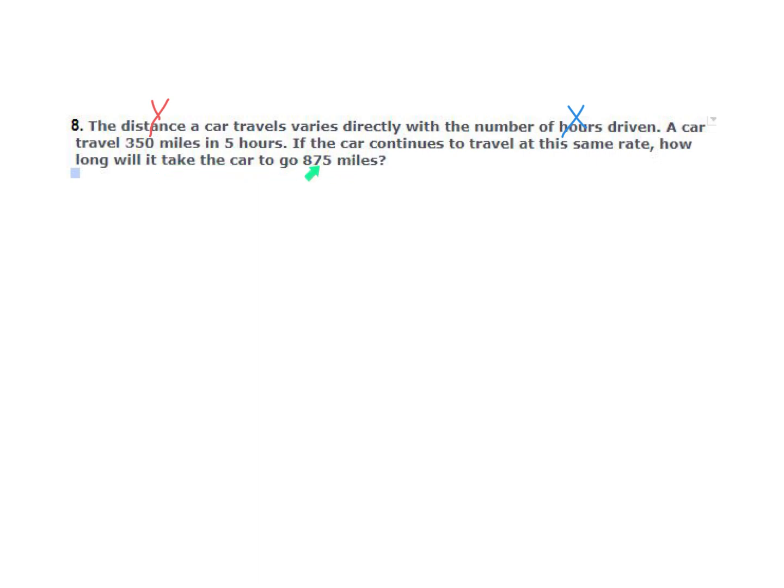There are different ways to figure this out, but what we learned in this class is that when we have direct variation, we have y equals kx. If that is true, then we know that k is equal to y divided by x. Our y is the distance, and our x is the number of hours.